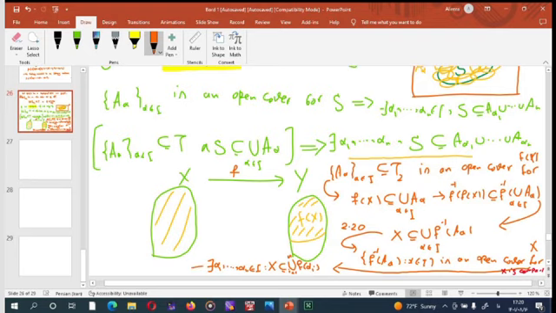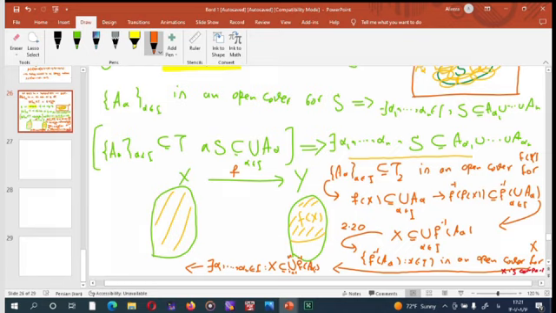And also we can take, sorry, this is f inverse, okay? f inverse of A alpha i, okay?